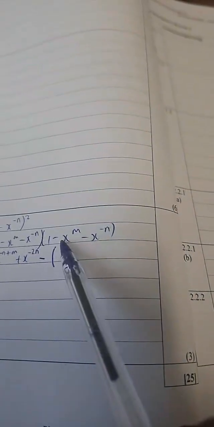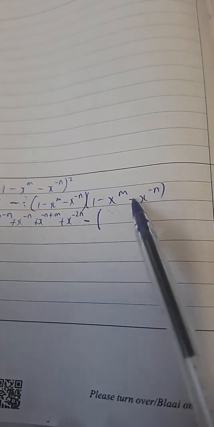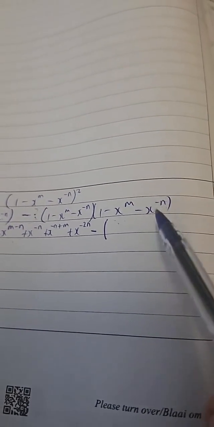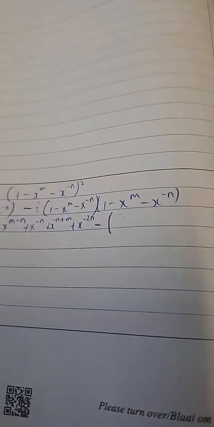Negative x to the power negative n times negative x to the power m is positive. Positive what? Negative n plus m. Positive x to the power negative n plus m. Then last but not least, negative x to the power negative n times negative x to the power negative n. So negative times the negative is going to be a positive. The negative n plus the negative n gives me negative 2n for my exponent.